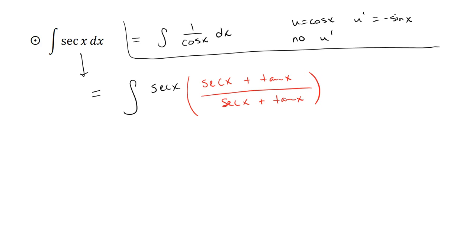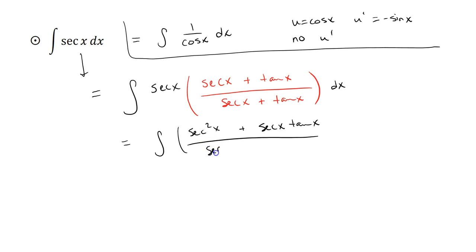Now that's just 1 because they're the same on top and bottom. And again, as long as I don't move anything out of the integral, there's nothing wrong with doing that. So now I'm going to distribute the secant x on top, so that's the integral of secant squared of x plus secant x tangent x divided by secant x plus tangent x.